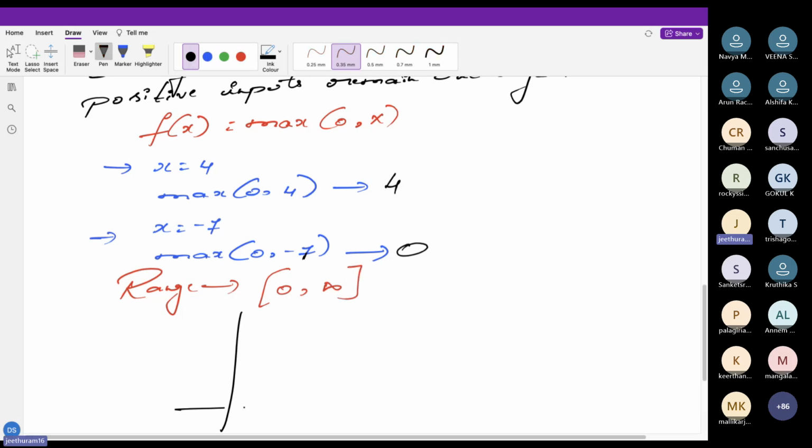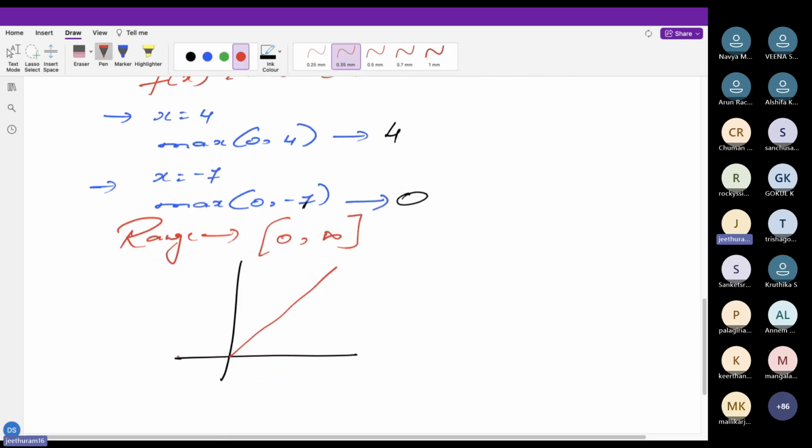All the positive values remain the same, but all the negative values become 0. This is the ReLU graph. Hope you are clear. It is just vanishing all negative numbers to 0. That's ReLU.